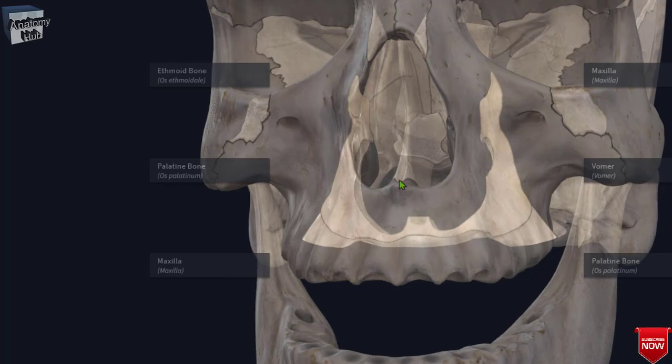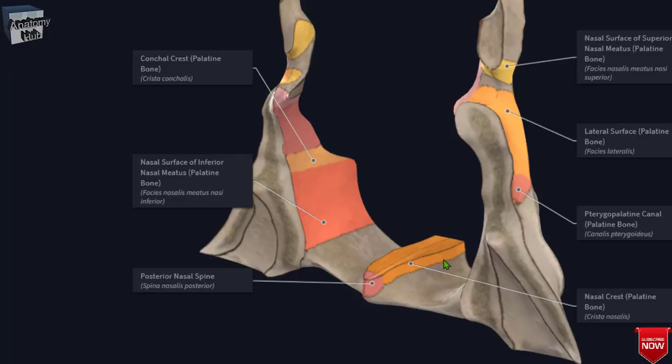Then here you will find the two palatine bones that we have removed and articulated with each other over here. Here you can see the parts of the palatine bone.